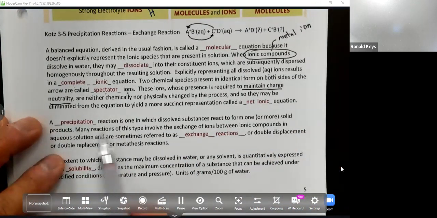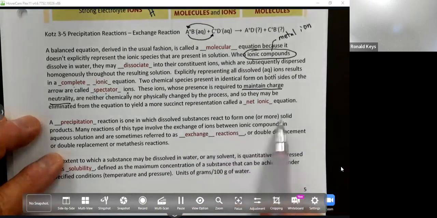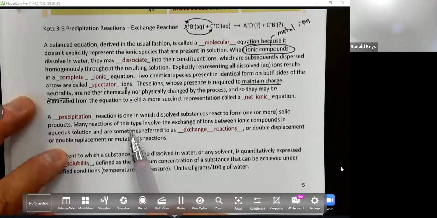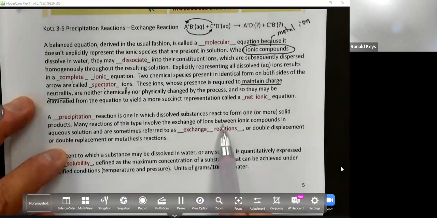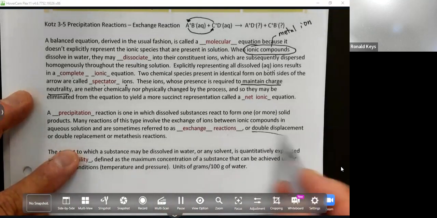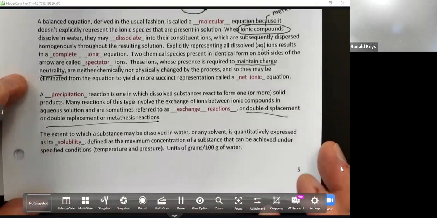A precipitation reaction is one in which dissolved substances react to form one or more solid products. Reactions of this type involve the exchange of ions between ionic compounds in aqueous solution and are sometimes referred to as exchange reactions, or double displacement, or double replacement, or metathesis. All of these mean the same thing. Different ways to say the same reaction.